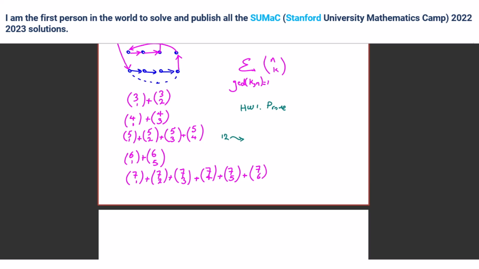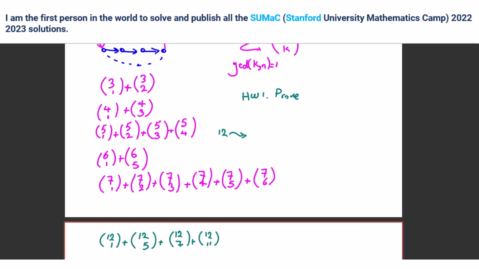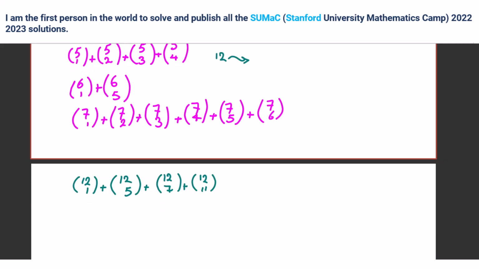1608. Okay, let's check. It will be 12 choose 1, right? 2, 3, 4, 5, 6, 7, and 11, right? So 12 choose 1 and 12 choose 11 are equal. 2 times 12, 24, plus 2 times 12 choose 5, right? This part is what?